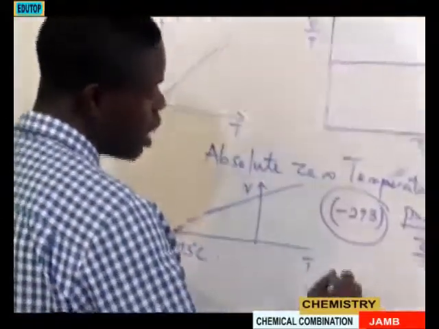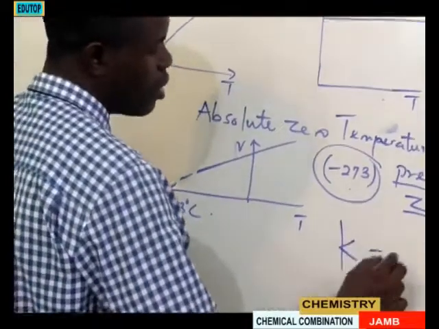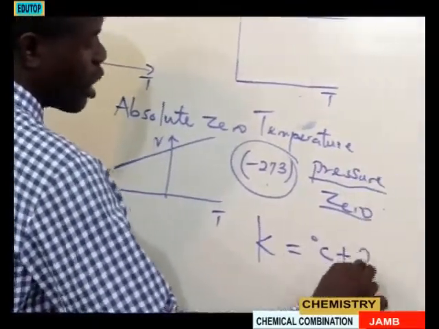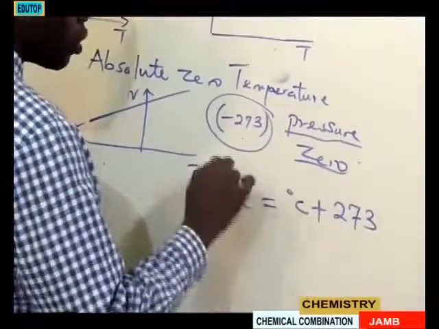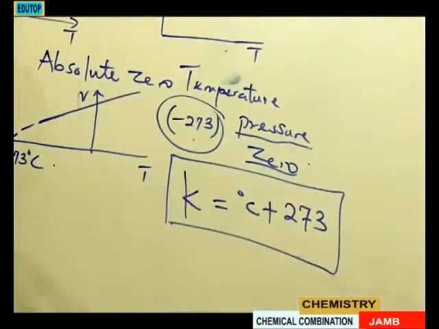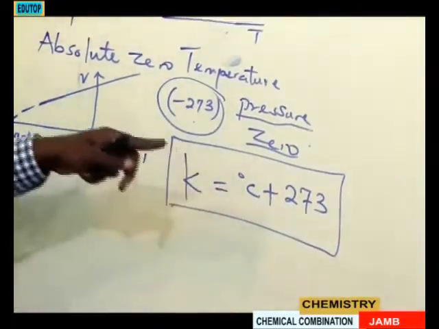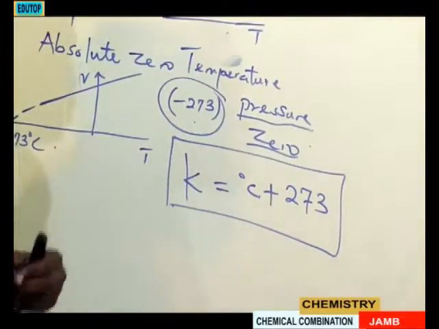Then we also have Kelvin temperature. The relationship between Kelvin and degrees Celsius is that Kelvin equals degrees Celsius plus 273. Majorly, when you are talking about gas laws, especially Charles' law, if your temperature is given to you in degrees Celsius, you need to add 273 to it so that you convert it to what?